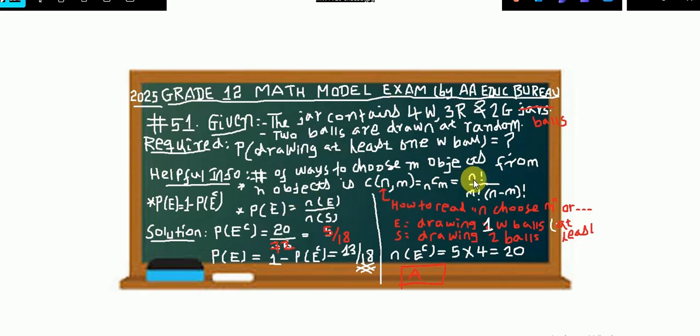It is combination, where and is the place, 9 factorial over 5 factorial times (9 minus 5) which is 4 factorial. 9 factorial means 9 times 8 times 7 times 6 times 5 factorial.